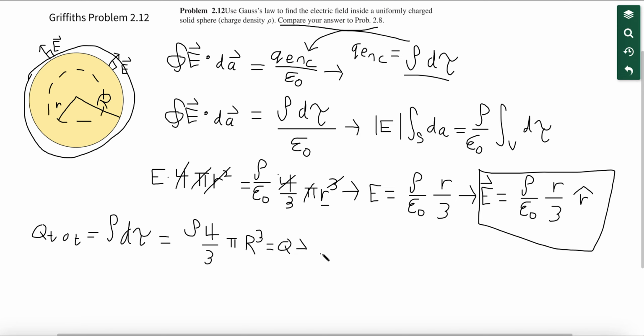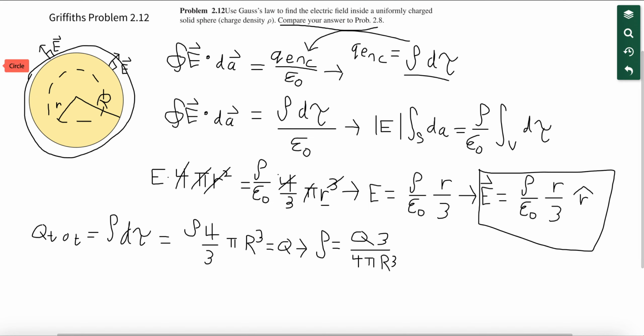So now we have this. We're going to do a little bit of algebra just to isolate the rho. And so when we isolate it, we're going to get Q over 4 pi R cubed. And we can't forget the 3 on top.